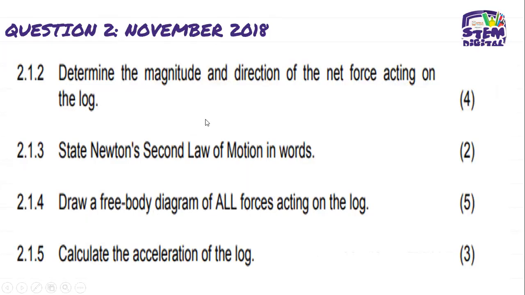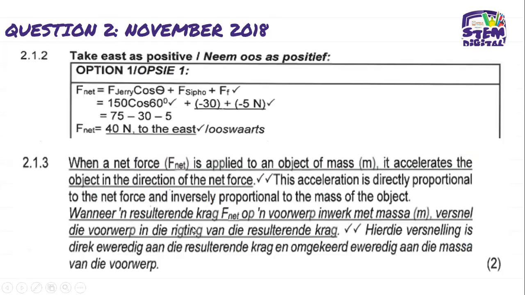Then we are required to state Newton's second law of motion in words. Now that one, we've done it extensively and I hope you know it by now. We say, when a net force is applied to an object of mass m, remember, we apply a net force to an object of mass m.